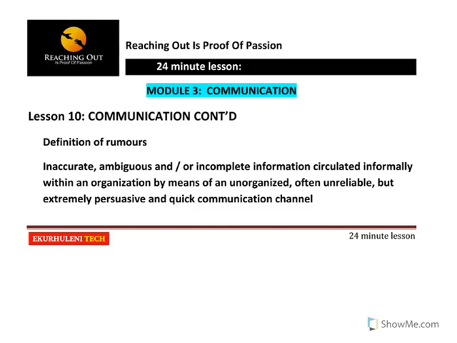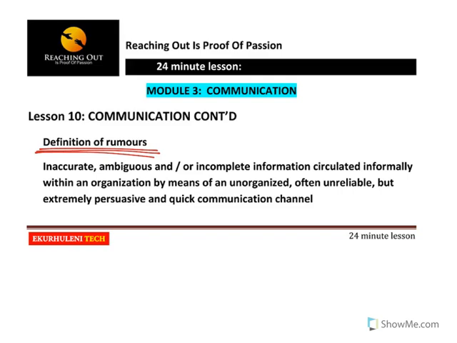Moving on, let us look at the definition of rumors. This is the second definition that I will encourage you to know. What is a rumor? I think you already know, especially in the age that we are living. It is an age that is full of a lot of rumors, especially with social media being on the rise.